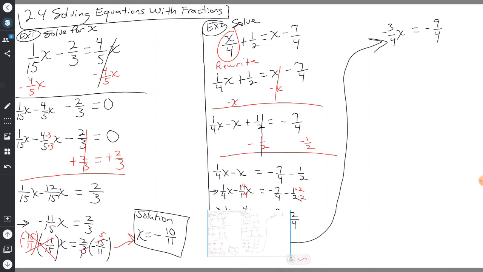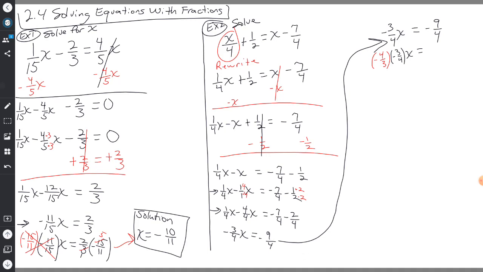Okay, so we want to eliminate the negative 3/4 from the x. How do we do that? Right, we multiply this by the reciprocal. Bring that x out.